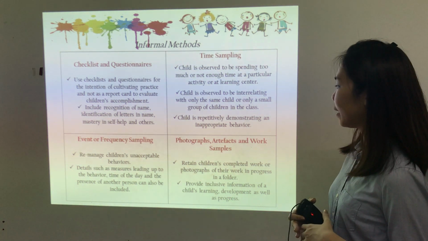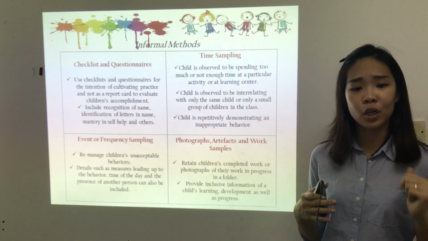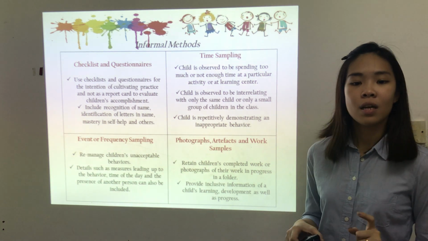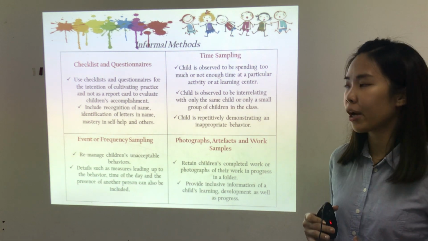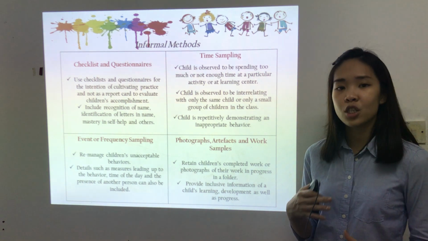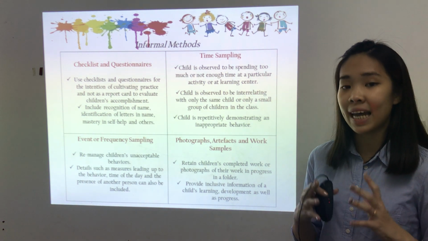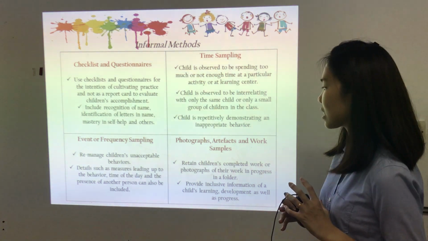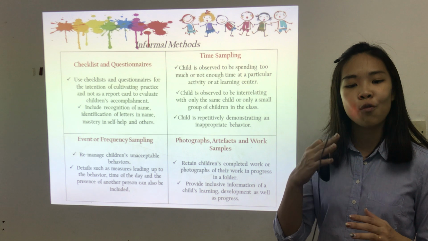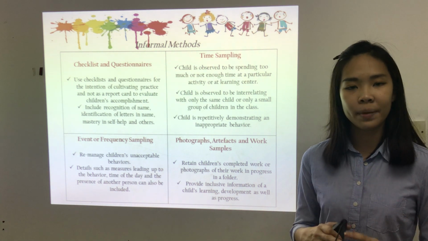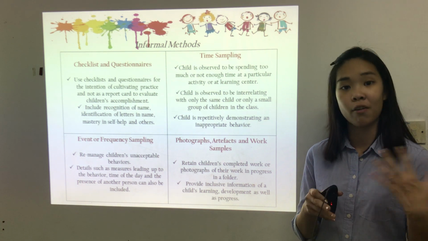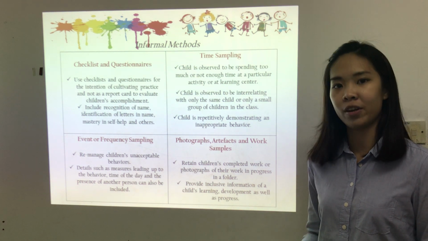Time sampling can be used when a child is repetitive, demonstrating an inappropriate behavior. For event or frequency sampling, it is used to manage a children's unacceptable behavior in the class. Then, for photograph, artifacts, and work samples, teachers can retain the children's completed work or photograph of their work in progress in a folder for their reference or for their parents' reference.